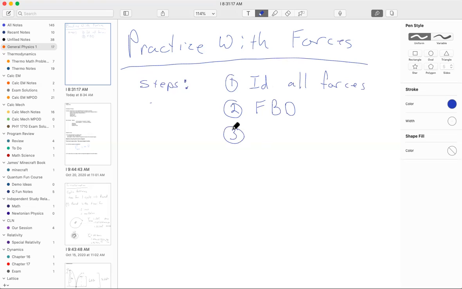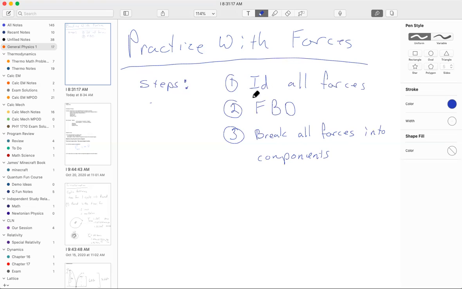Step 3, break forces into components. You want to break the forces in the free body diagram into components.